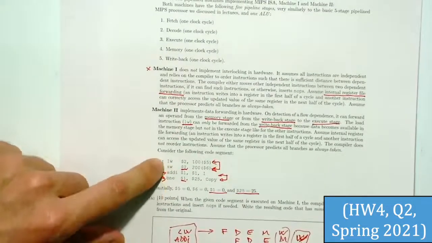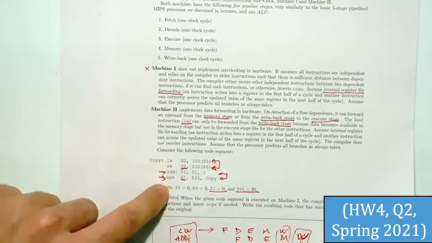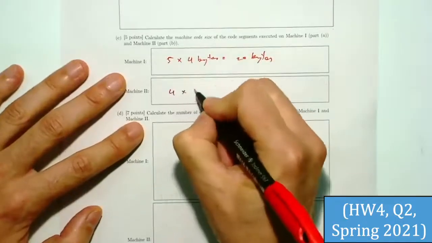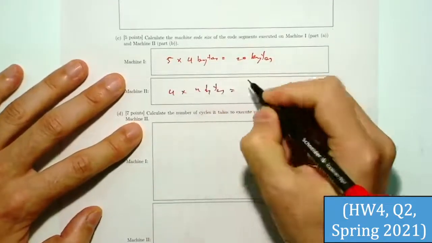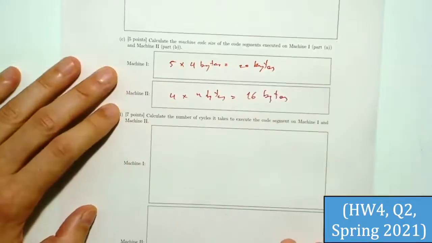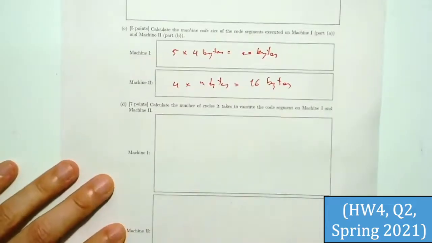And in machine 2, we have exactly the same code, so the compiler doesn't insert anything. So we solve the dependencies in hardware. So we have 4 instructions, 4 by 4 bytes, that is 16 bytes. So point D.